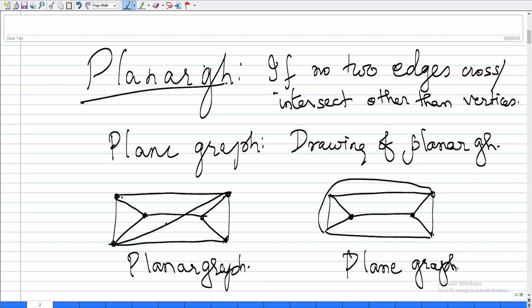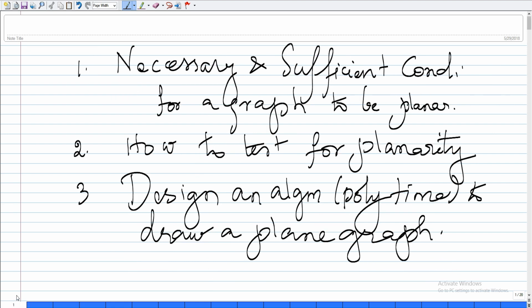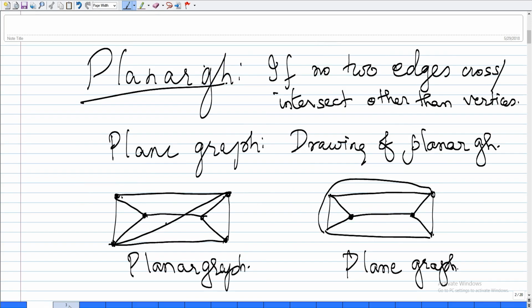So, to answer our first question, necessary and sufficient condition, this question was answered in the positive by one of the famous mathematicians and graph theorists, I should say, Kuratowski. I think I am right with the spelling.